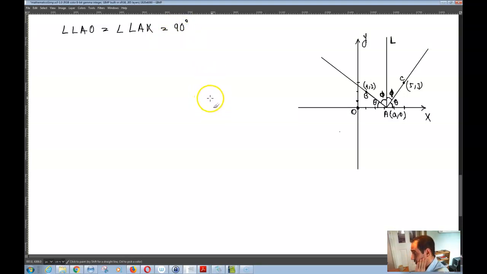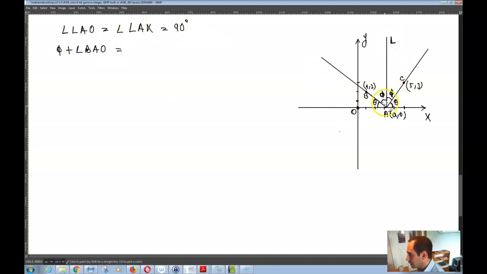So now if that is the case, then of course you know that angle LAO is equal to angle phi plus this angle over here, so this is phi plus this angle, which you can call angle BAO.